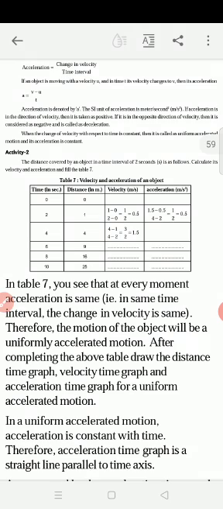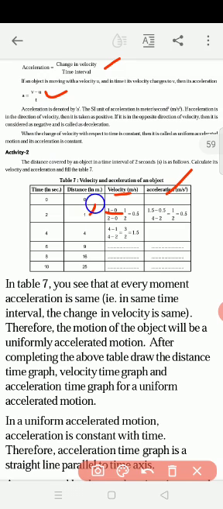So here for example, what is the formula for the acceleration? Change in velocity by time interval, v minus u by t. What is the formula for the velocity? Displacement by time interval. The distance between the final and initial position is called displacement. Now you see for the velocity, 1 minus 0, this is the distance, so this is 1 minus 0 by time interval, 2 minus 0.